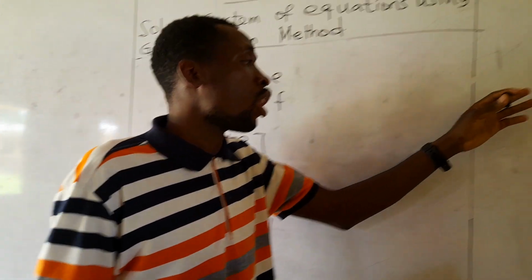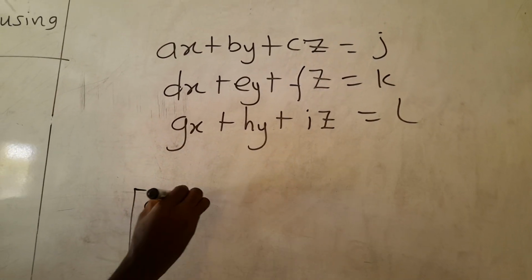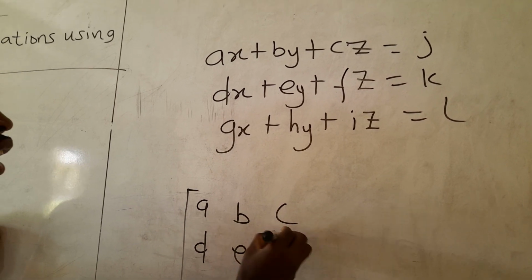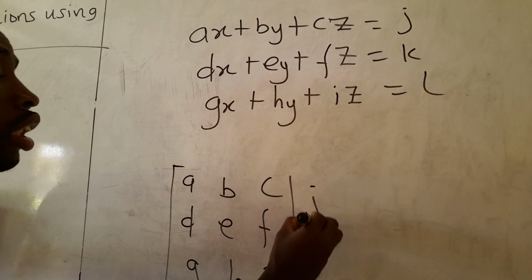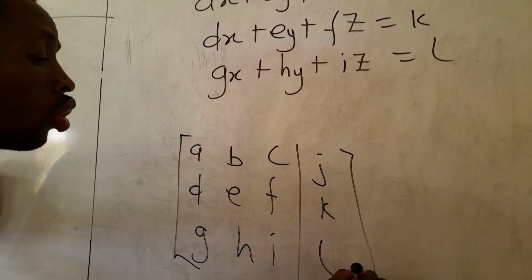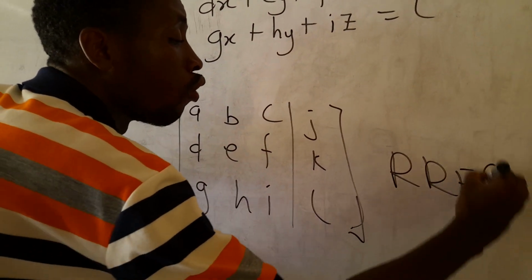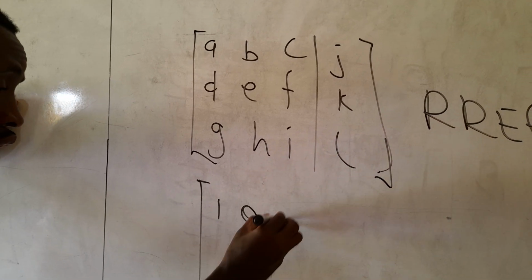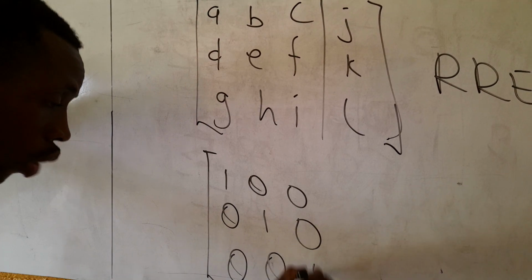The same way, if you have 3 unknown variables, form the augmented matrix A, B, C, D, E, F, G, H, I, then J, K, L. So our reduced row echelon form will be like this. So 1, 0, 0, 0, 1, 0, 0, 0, 1.